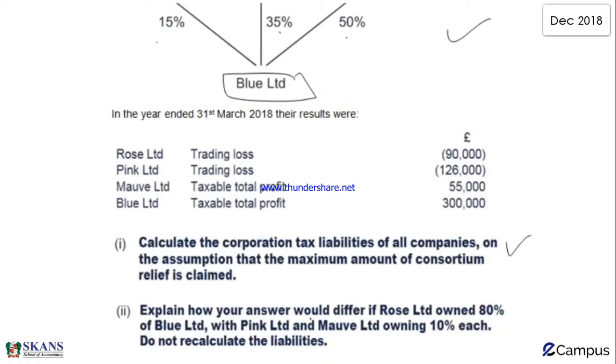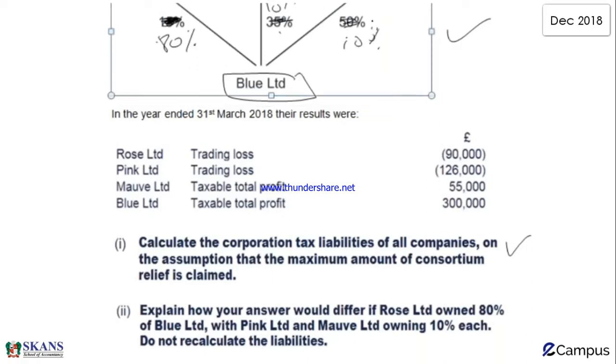explain how your answer would differ if Rose Limited owned 80% of Blue Limited. All right, let's make it 80%, with Pink and Mauve Limited owning 10% each. Well, in that case, Rose and Blue would have a loss leave group, and Pink and Mauve would not have any beneficial connection with Blue Limited, and a consortium would not exist.